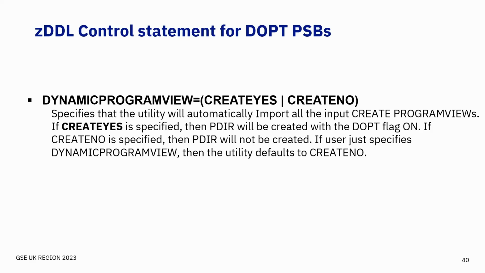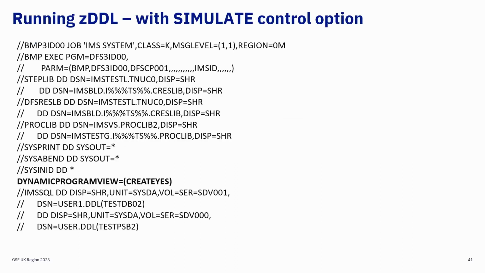So vendors, people like FileAid or File Manager that make use of dynamic PSBs can now use ZDDL, and with this dynamic program view control option, they can create dynamic PSBs, if you will. Right? And again, on the SysIn ID DD statement, you just say dynamic program view equals open parentheses create yes close parentheses. And that's it. That's how you create dynamic PSBs.